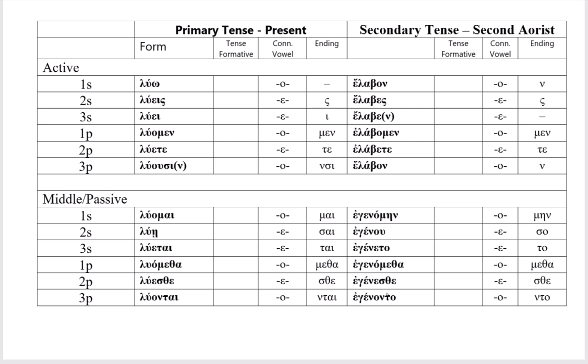Similarly for the middle passive: amen, u, eto, ametha, esthe, onto. Those are the same as we saw for imperfects. So the connecting vowels are the same, the endings are the same. So the second aorist, except for the change of stem, looks the same as the imperfect.